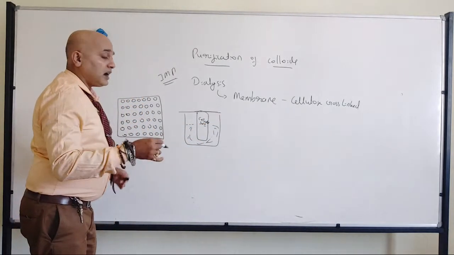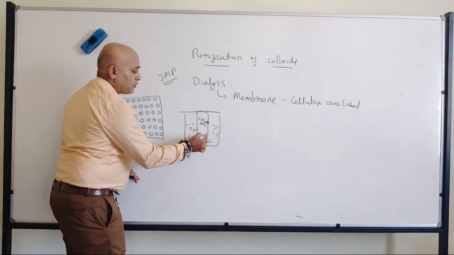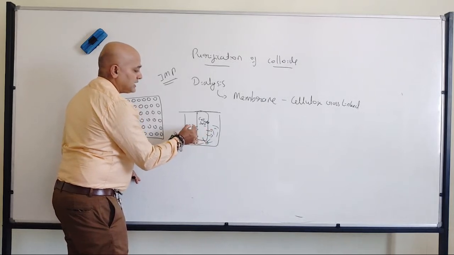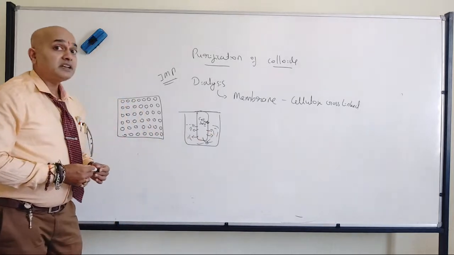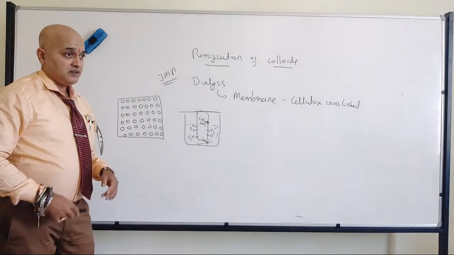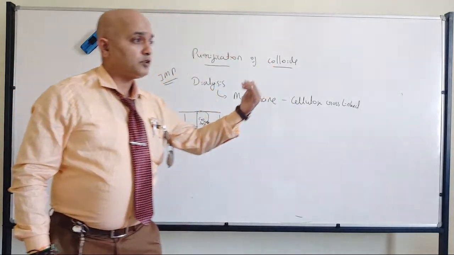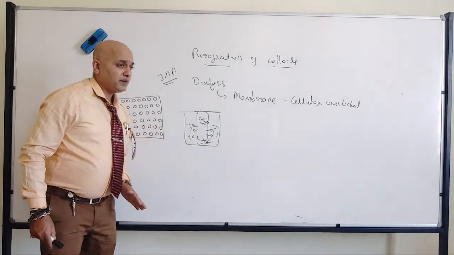Whatever unwanted molecules are there will move out to the pure solvent due to the concentration gradient. All of us know molecules move from high concentration to low concentration. They will start moving to the outside medium.